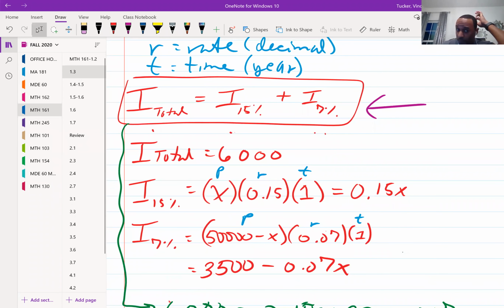So the first one is going to be X times 0.15 times 1, which will simplify to 0.15X. And then in the second one, 50,000 minus X times 0.07 times 1, in which we will have to distribute this 0.07 to each term, and that'll leave us with 3,500 minus 0.07X.